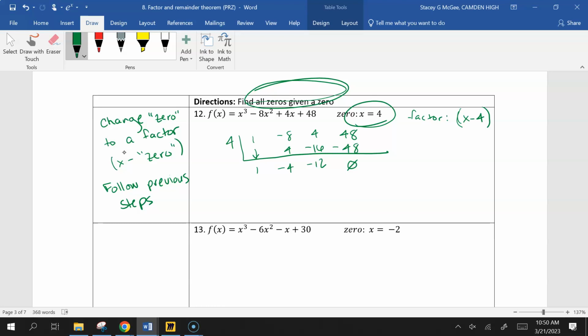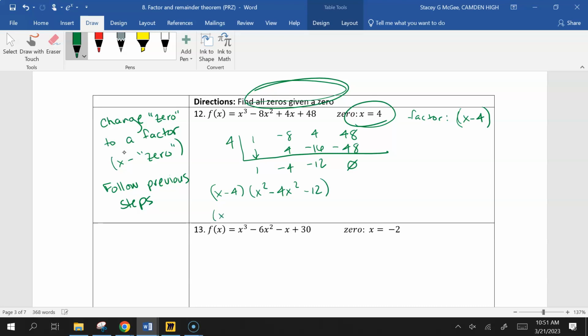So now I have x minus 4 times x squared minus 4x minus 12. Can you factor that polynomial, that quadratic, any further? Yes. What multiplies to negative 12 but adds to negative 4?